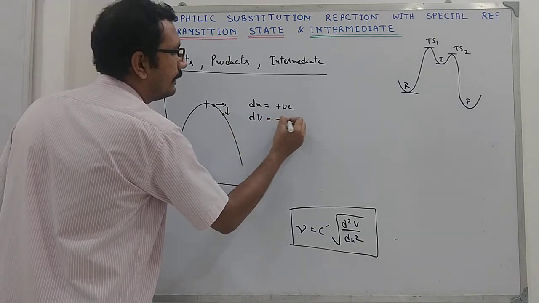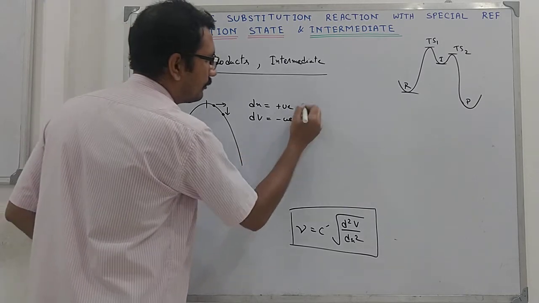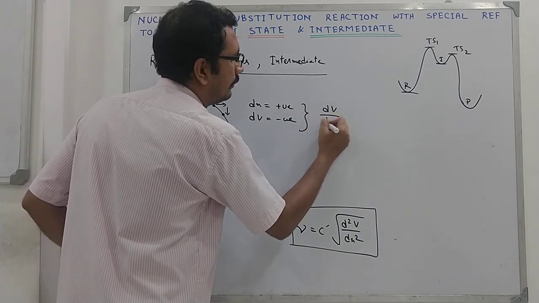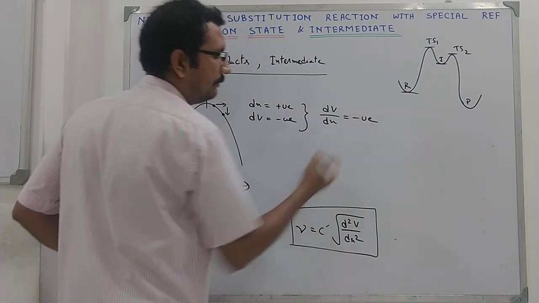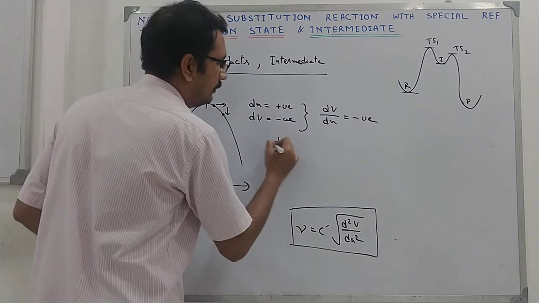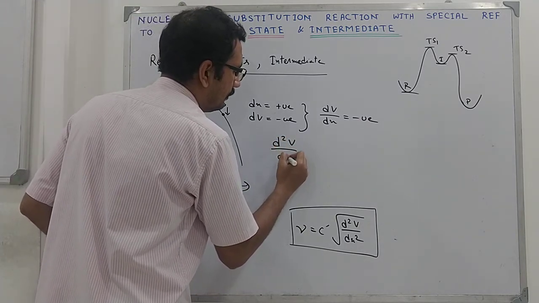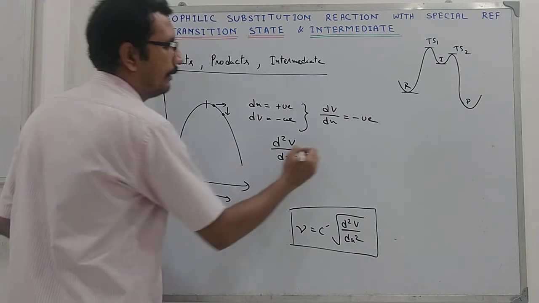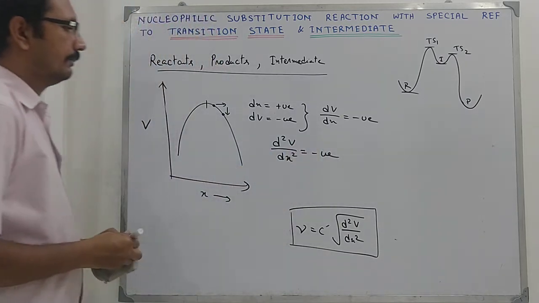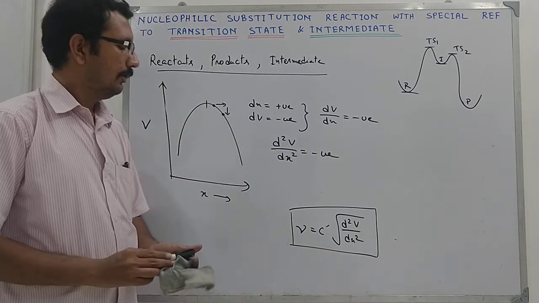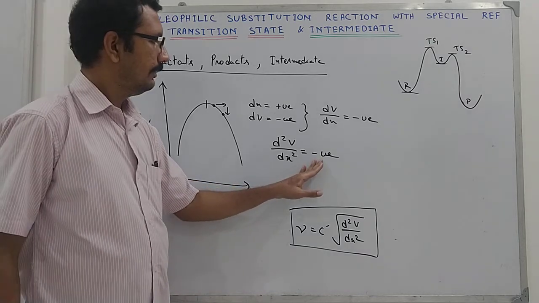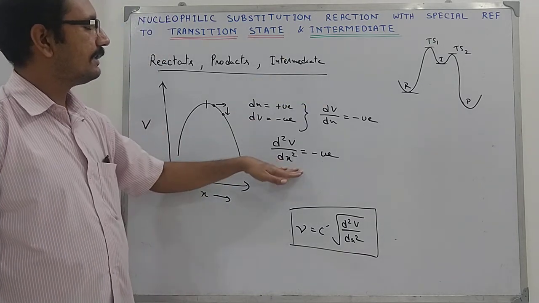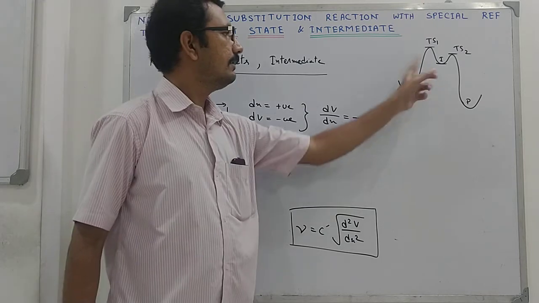So dV is negative. Then the slope dV dx is negative. Now what will be the curvature? It is negative, since dx is positive. So curvature is negative for the transition states and positive for the reactant, product and the intermediate.